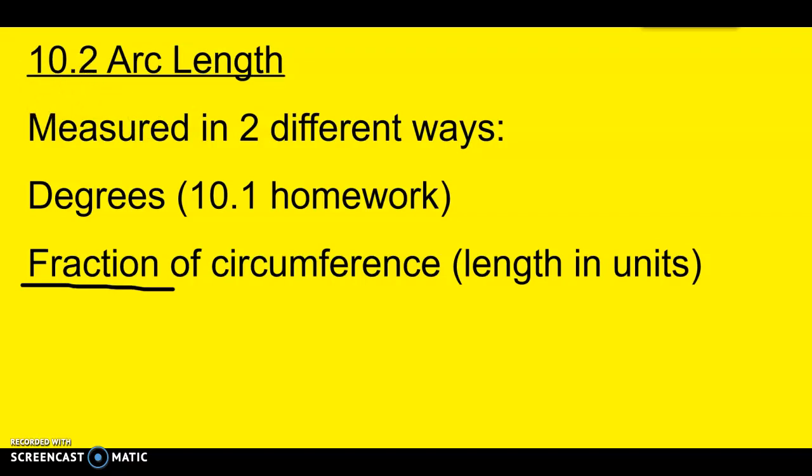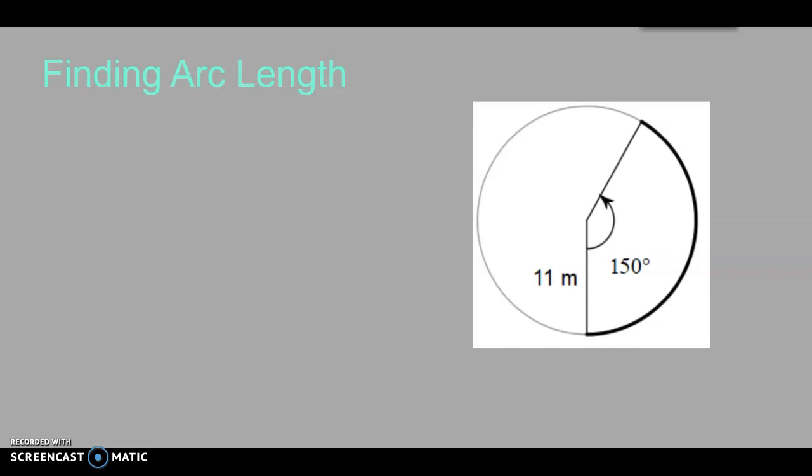So here we go. Our one and only example we're going to look at today is here on the right side of your screen, where we see an arc, and it wants to know the length of this arc here that is bolded in. So to do that, we're going to talk about it as the fraction of the circumference of the entire circle.